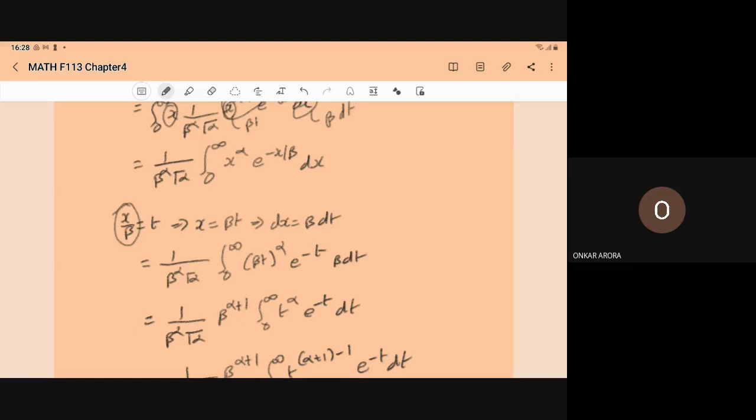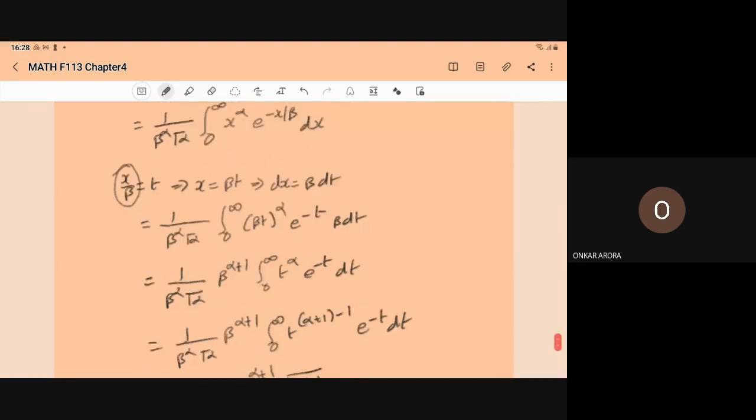What is the advantage of this? You can take beta to power alpha plus 1 out of the integral. So 1 upon beta to power alpha gamma of alpha, beta to power alpha plus 1, integral 0 to infinity t to power alpha e to power minus t dt. Now t to power alpha can be written as t to power alpha plus 1 minus 1.